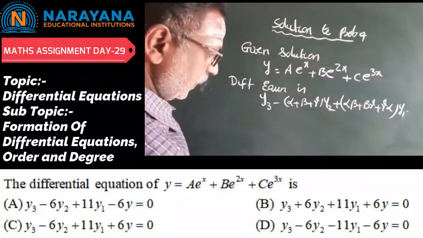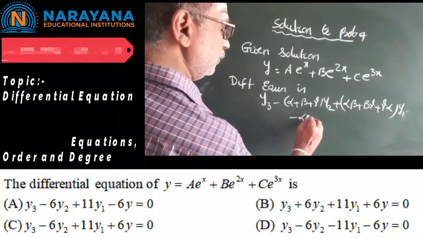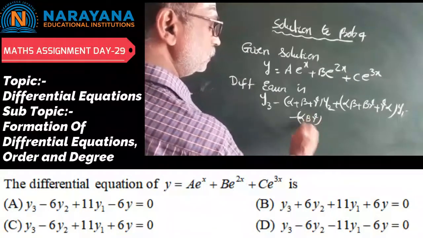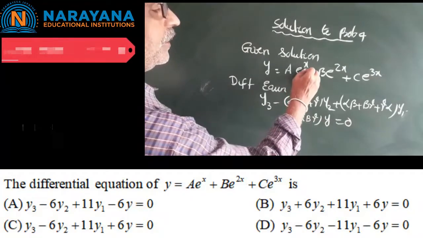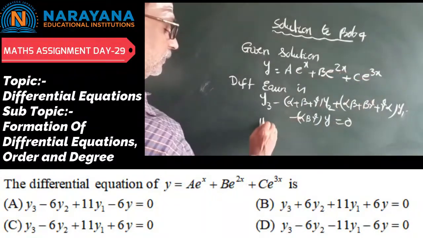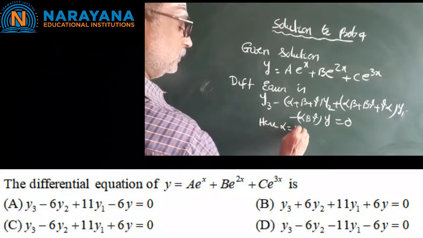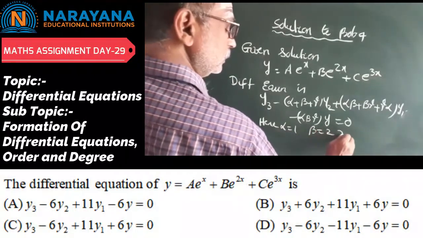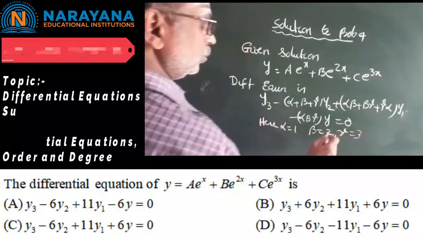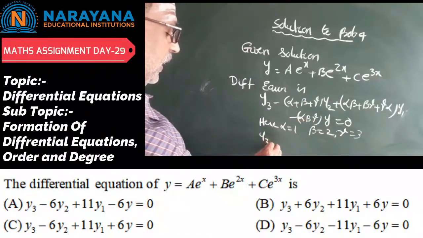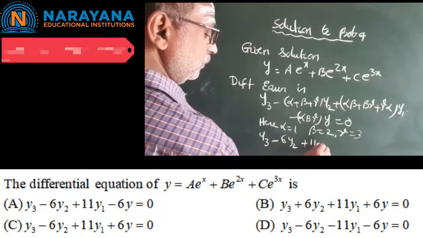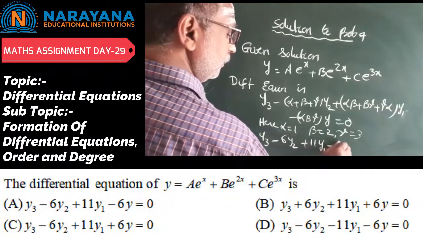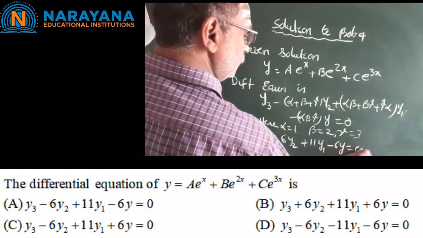So here alpha 1, beta 2, gamma 3. So if you substitute that, we can get y3 minus 6y2 plus 11y1 minus 6y equal to 0.